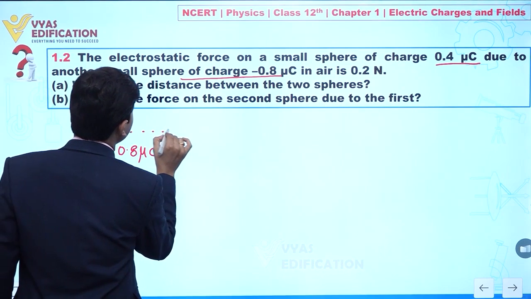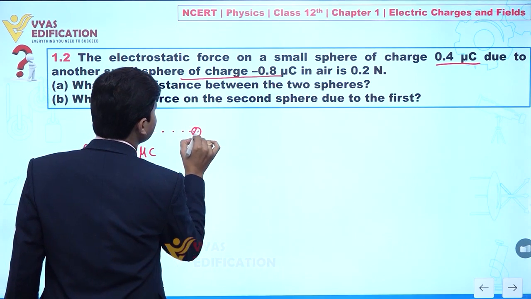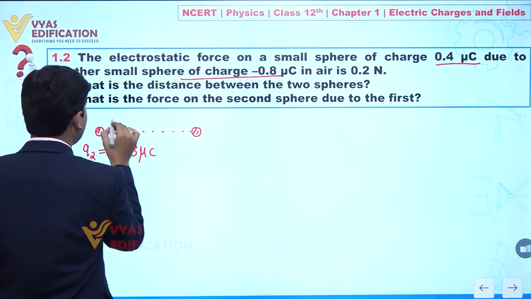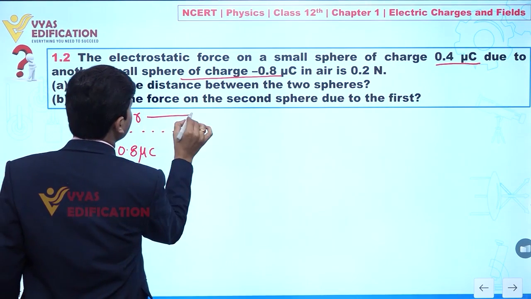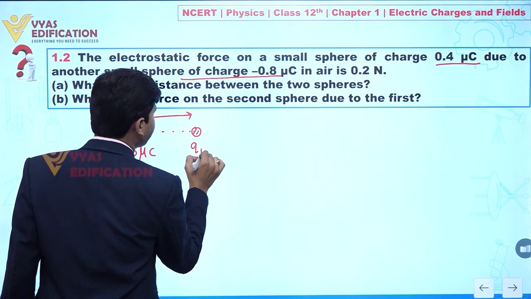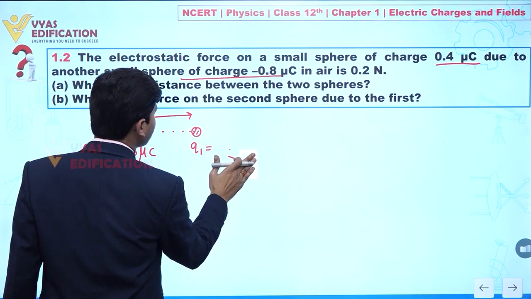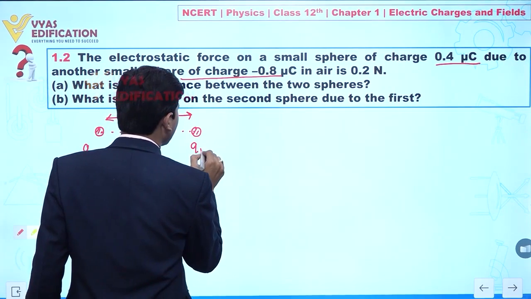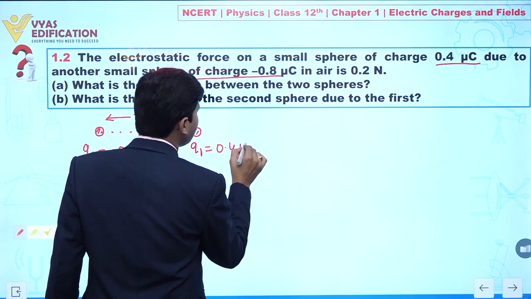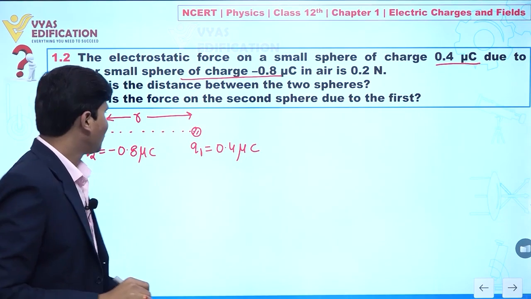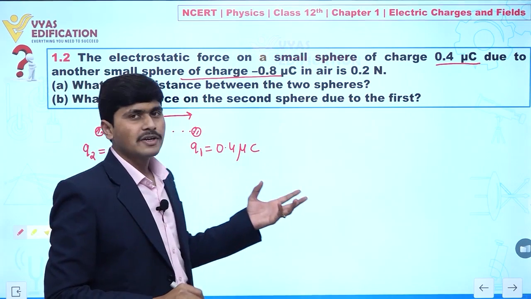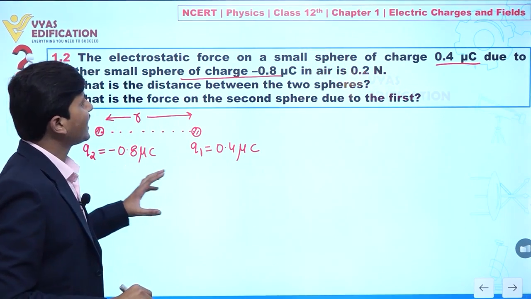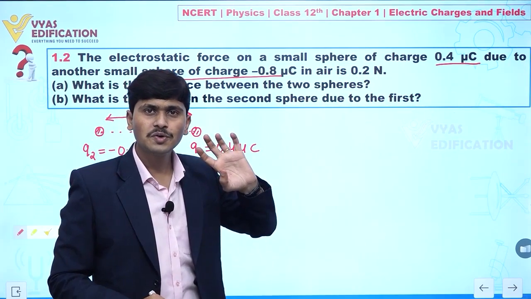Now let's suppose the distance between these two point charges is R, and this is Q1. I don't know the value of Q1, but it is given, 0.4 microcoulomb. Clear? And it is also given that the electrostatic force acting is 0.2 Newton.